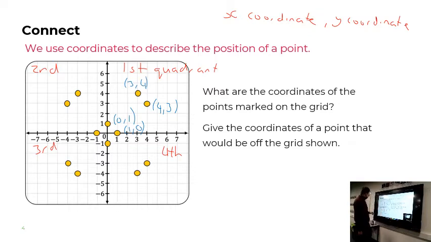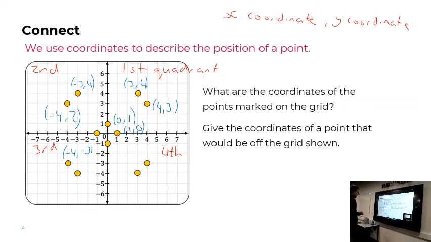Let's have a look at the second quadrant. This first point, the x value is negative 4, the y value is 2. Next point, the x value is negative 3, the y value is 4. See that the x values are negative and the y values are positive. In the third quadrant, both the x values and the y values are negative. Let's start with this point: the x value is negative 4, the y value is negative 3.